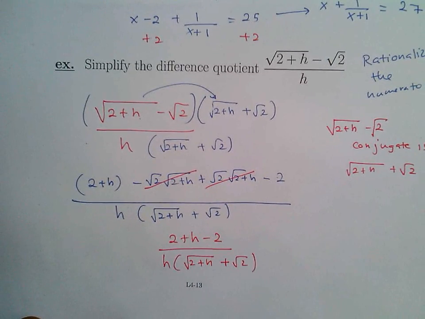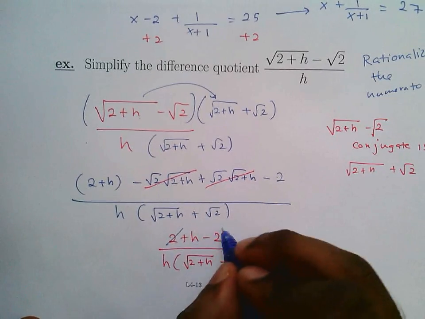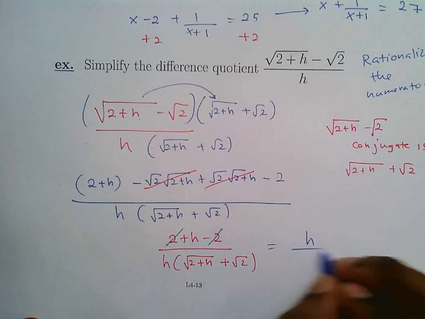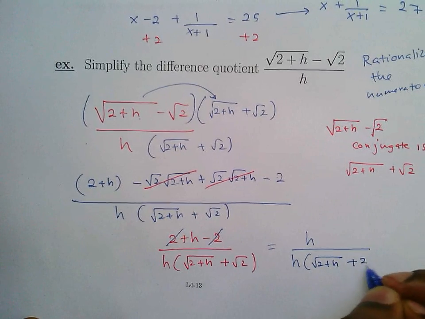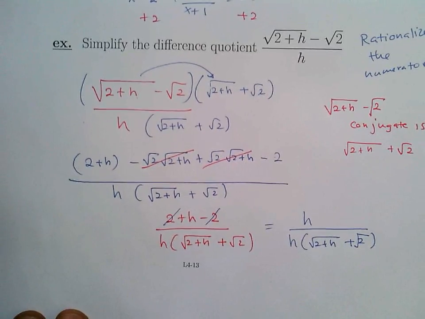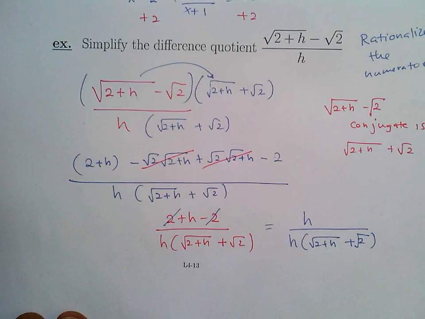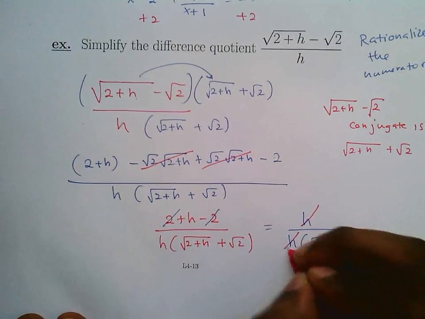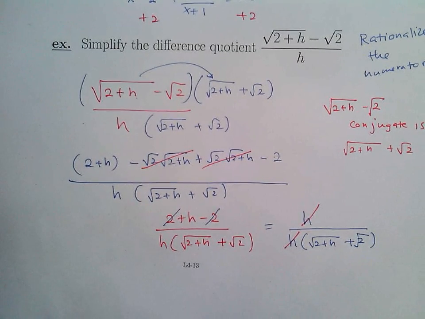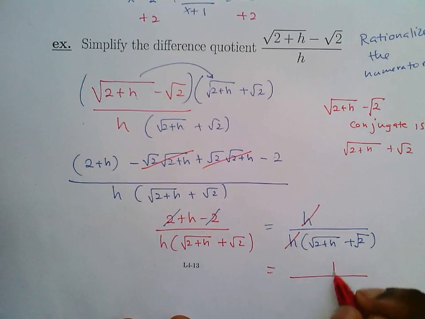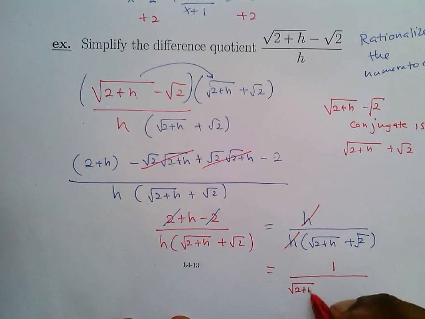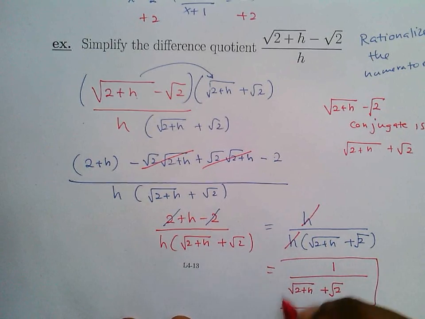Now again, you can see more things cancel. And even more things cancel. Now this is the point where you can see that there are no more h's in the bottom. You have 1 over square root of 2 plus h plus root 2, and that should be your final answer.